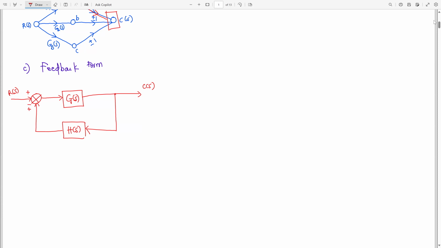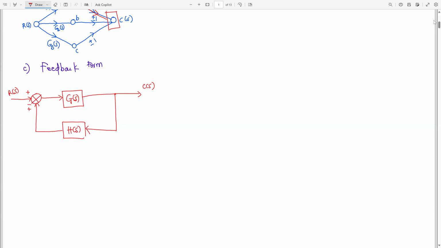minus or plus. Now, how then do we convert this into the signal flow graph? So the first thing to do is to identify your internal signals, right? So we already know the non-internal signals, which are the input R of S and then the output C of S. So the second thing is to identify the internal signals.